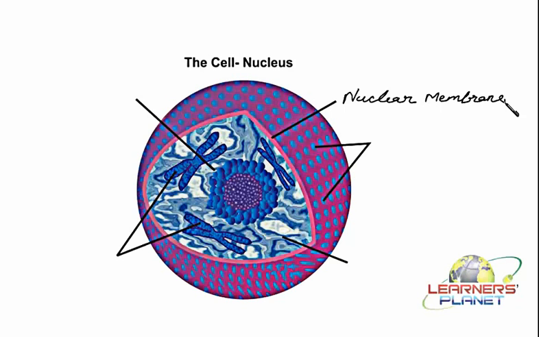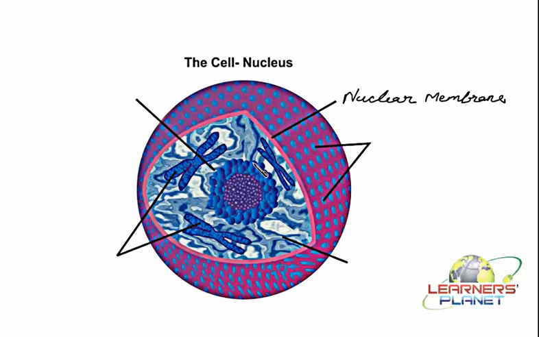Now this nuclear membrane, in the case of the nucleus, is a double membrane structure. There is an outer membrane and there is an inner membrane. So if this picture is shown with two outlines or two arrows, let us say for example we are showing it here in the middle, and if one arrow is showing the outer boundary and the second arrow is showing the inner boundary, then there is no need to get confused.